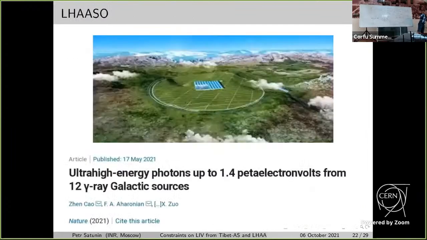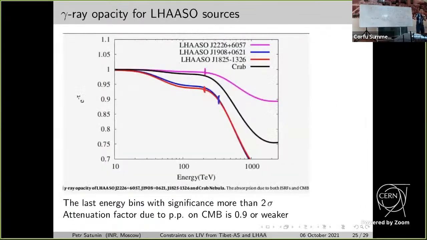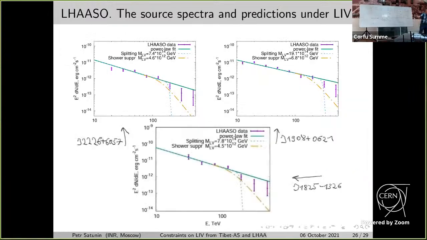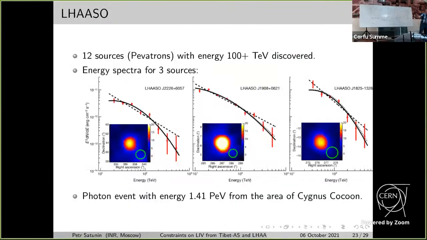Okay, the paper by Chen was not a LHAASO collaboration paper. About the difference between our work and Chen's work: for example, here you see two last points whose statistical significance is less than 2 sigma. Here it is really less than 1 sigma. So I skipped these two last points, and for these sources I skipped only the last point because these points are good.